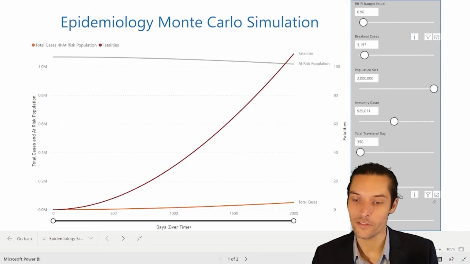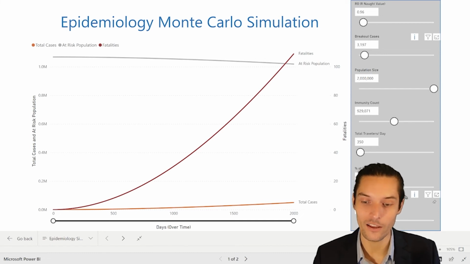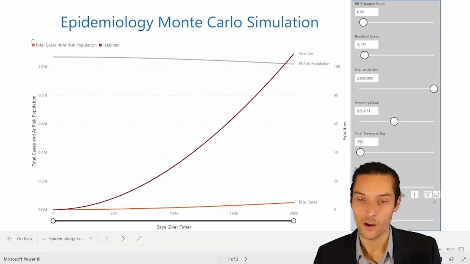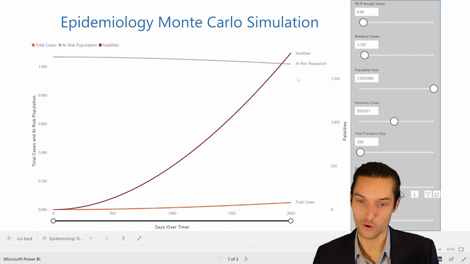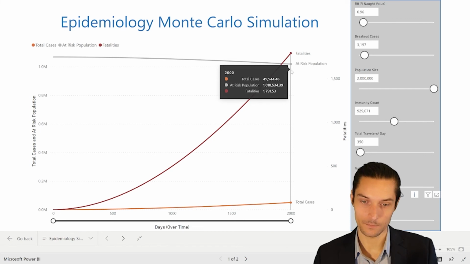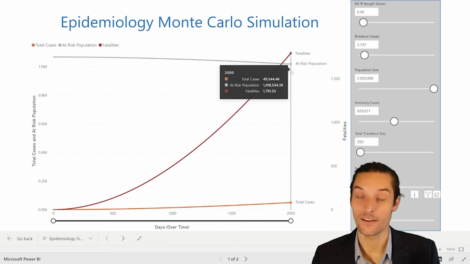And so the World Health Organization, which is notorious for overestimating your R0 value and your fatality rate, is going to predict for a population size of 2 million that your fatalities are going to be around 1,500 or 1,700.